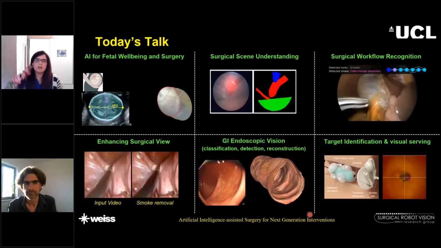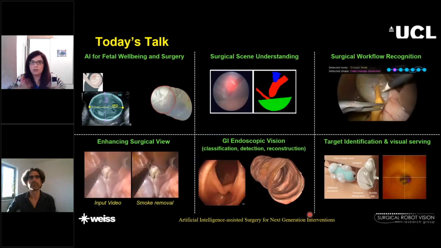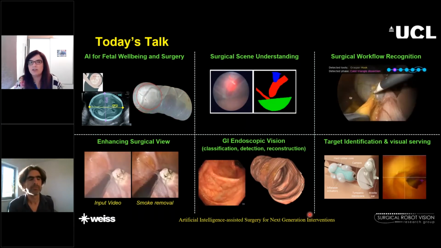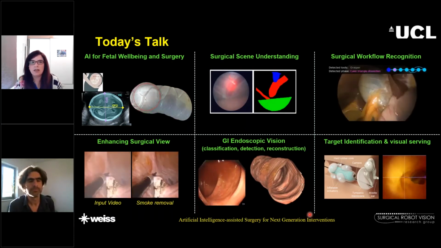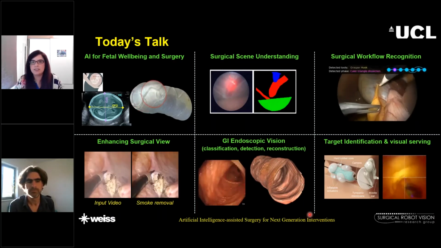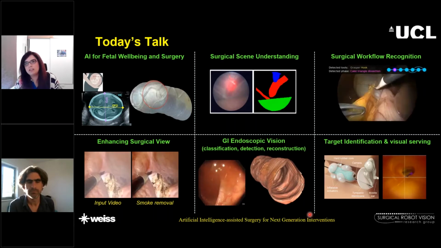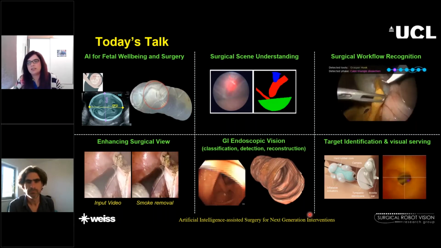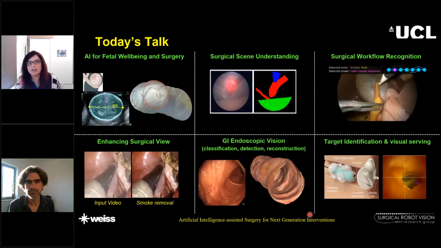So my talk today is covering quite a range of topics within the context of AI for surgery. I'll be covering AI for fetal well-being and surgery, surgical scene understanding, and surgical workflow analysis, which is one of the very first steps towards understanding a surgery.